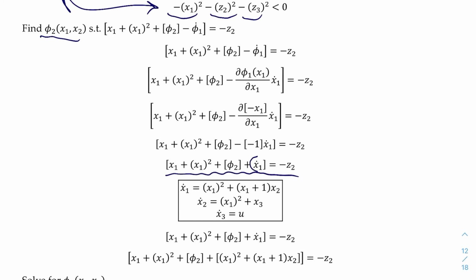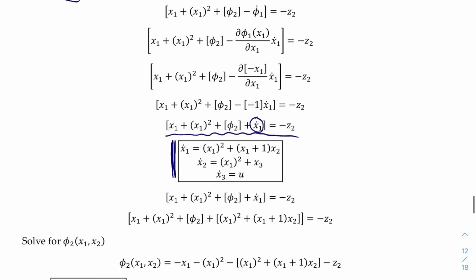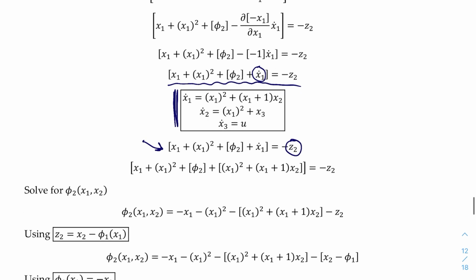Steps here, right? And there is x1 dot, but I've just written again the original dynamics, where x1 dot is a function of x1, x2, x3. And you also have minus z2.